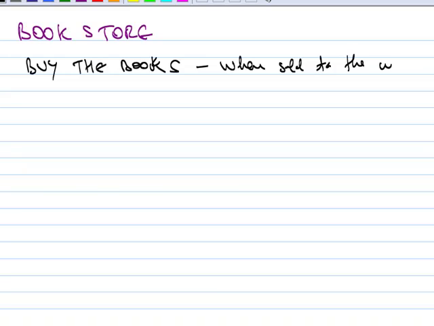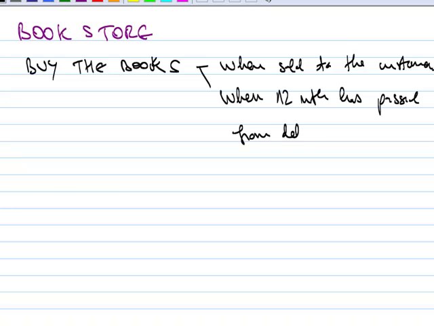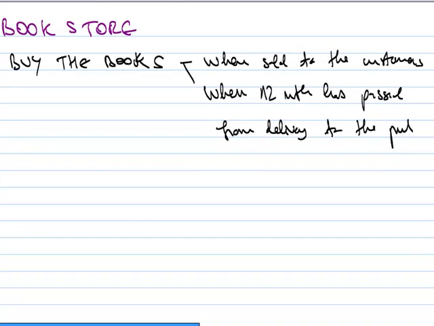As the contract is signed with the publisher, the bookstore will buy the books when sold to the customers, or if twelve months have passed from delivery, the books can be returned to the publisher. Okay? So the contract is written this way.